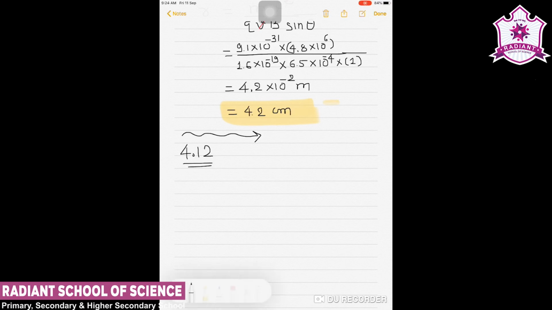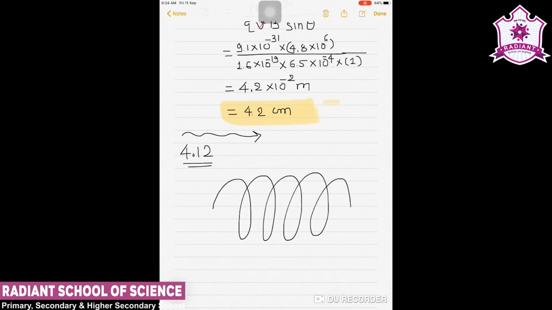Now again, see that when the electron is following this type of circular path, suppose the electron is there, following this circular path as shown. You can see it will cover this circular path, and therefore the frequency will be related to this circular path.